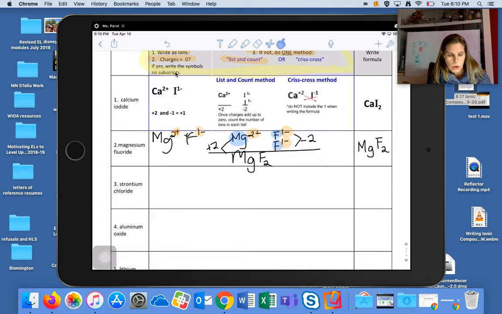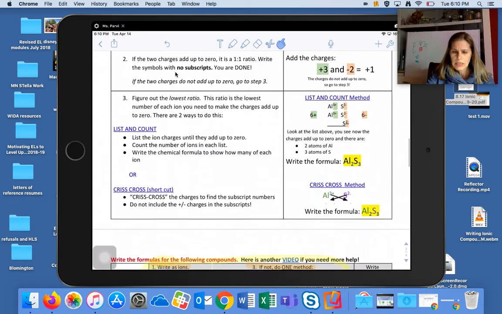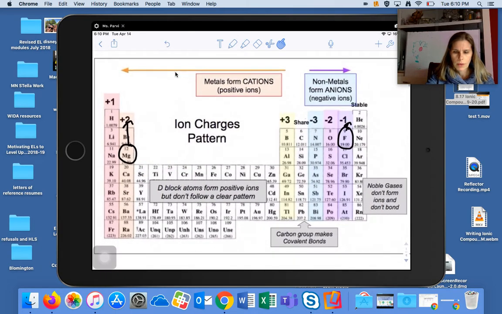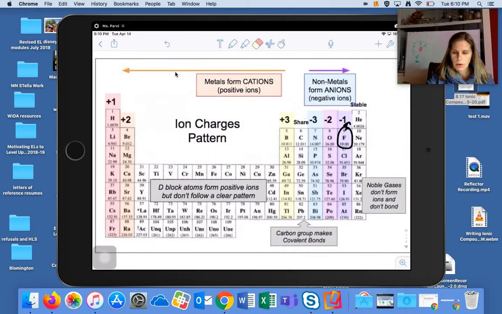Okay, so strontium, it's not an element that we have seen a lot or done a lot with in chemistry. So I'm going to go up to my periodic table, erase my old marks, and look for strontium. Now, strontium is the metal, so I know it's going to be kind of on the left side of my periodic table, and I found it right down here.